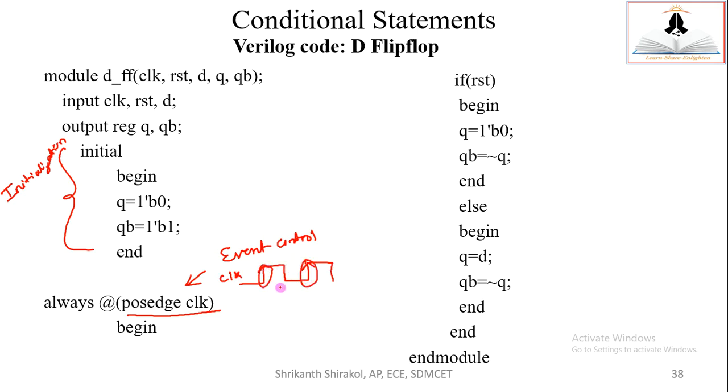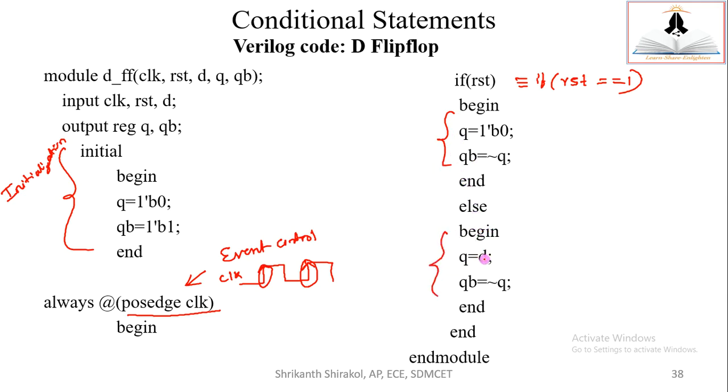Whenever these areas are encountered, only then will the always block be executed. Begin, because multiple statements are there. If reset is as good as writing if reset is equal to 1. That's the meaning. If reset is equal to 1, q should be 0. And you know that qb is always the inverted version of q. So no need to worry much about it. End means multiple statements.